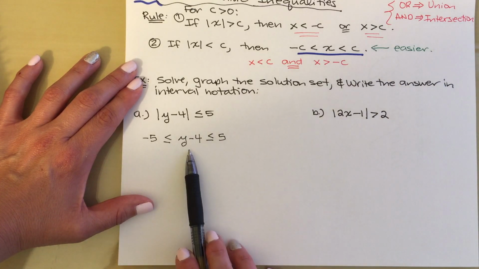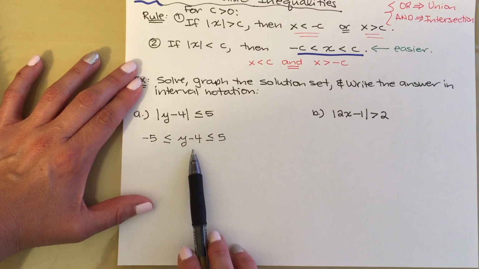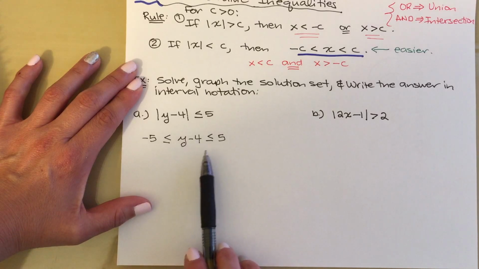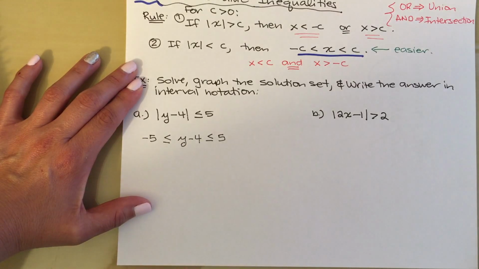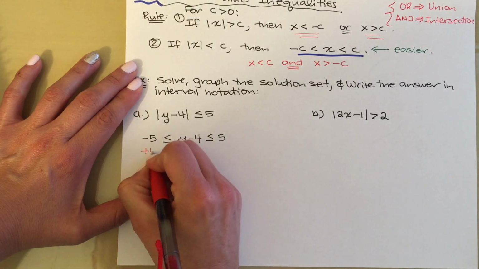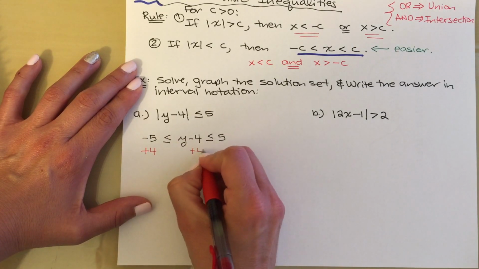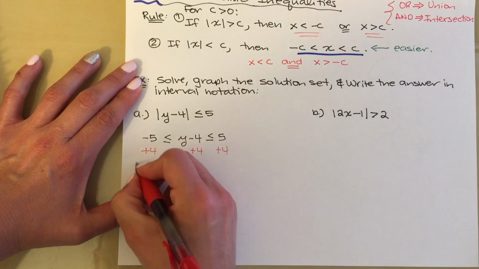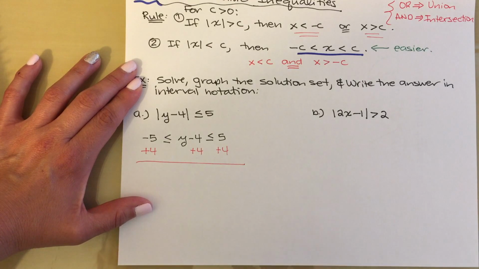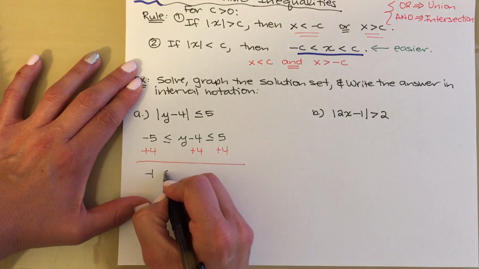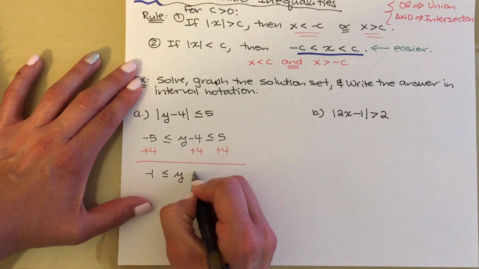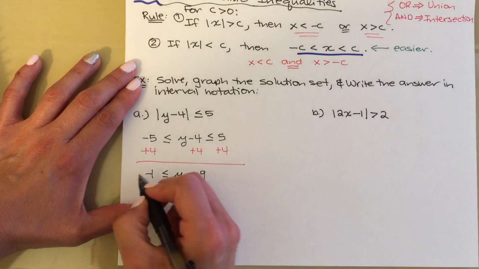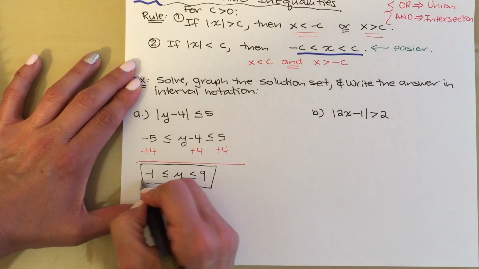You need to make sure you isolate y in the middle like we did earlier. Add 4. Negative 1 is less than or equal to y, less than or equal to 9. This is solved.